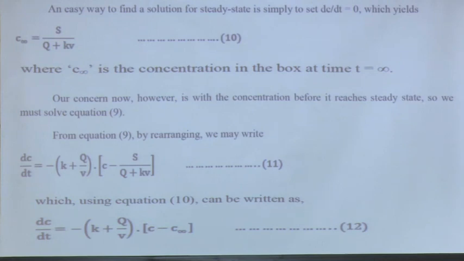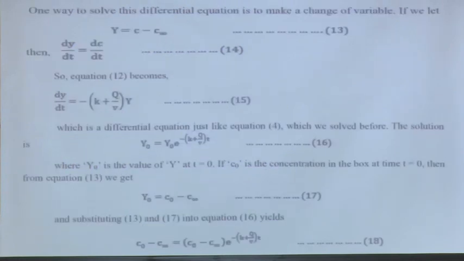Now, suppose C minus C infinity is equal to y. So, y is equal to C minus C infinity for my derivation. Then dy/dt is equal to dC/dt, because C infinity is a constant.